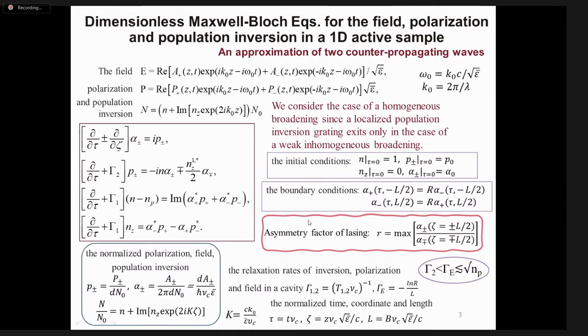Indeed, you can see that if we have oscillations of population inversion N or population inversion gradient at some Rabi frequency, then the polarization will oscillate not only at the frequency of the central mode, but also at the frequency shifted from the frequency of the central mode by the Rabi frequency.